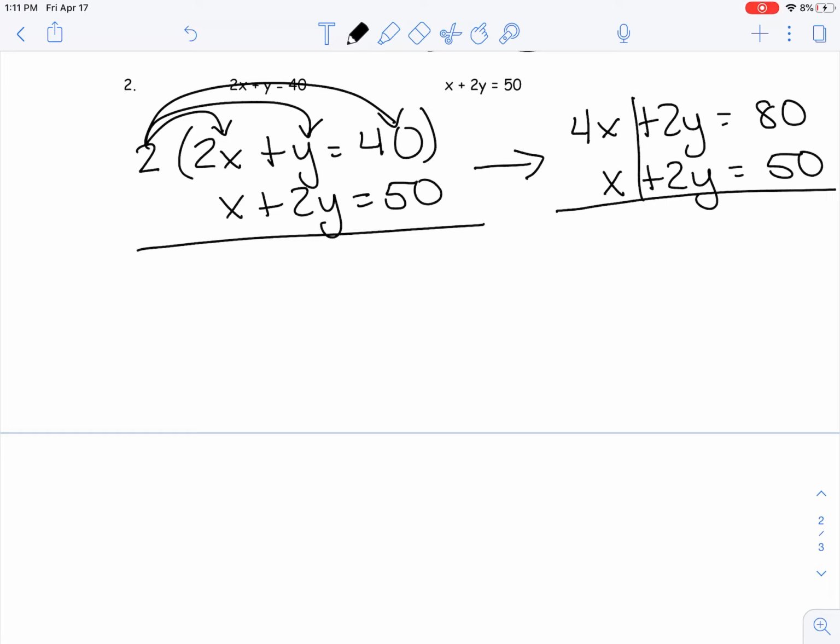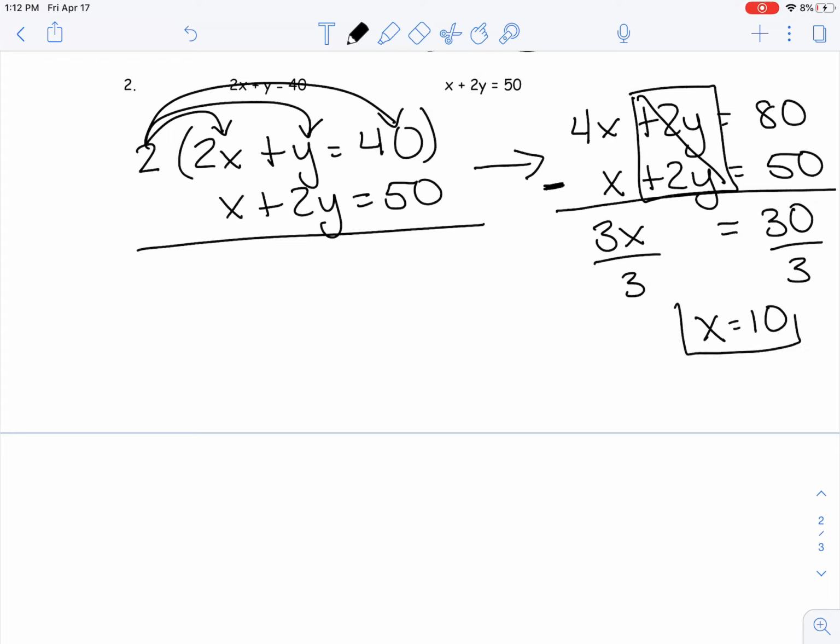And again, since they're both positive, we're going to have to use subtraction here instead of addition. 4x minus x is 3x. Our y's will cancel out, and it'll be 3x equals 30. Divide each side by 3. X equals 10. Step 3, substitute that back into the original equation. 2x plus y equals 40.